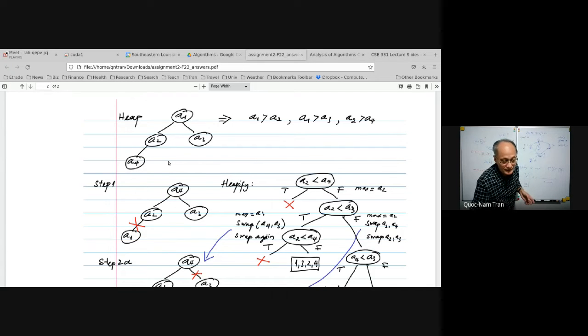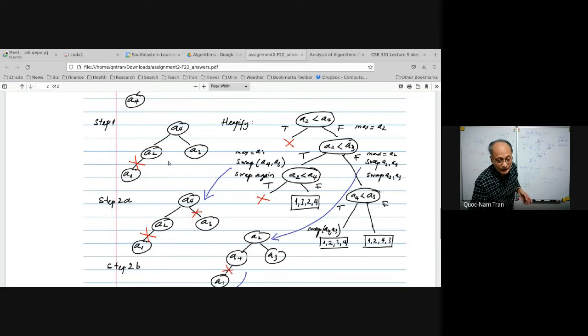Obviously, in the decision tree, many of you have it correct by first comparing A2 and A4, right? Because the first step in sorting would be swapping the last element with the root. So meaning we swap A4 and A1, and then we remove A1 out of the tree, right?